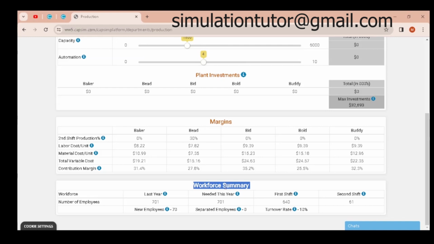Maybe the wage per hour for each worker, the training budget, the new employees that we have employed in a particular year. So that's all that we are discussing under the workforce summary, and it will come under the human resource from round 3. Then we have the first shift and the second shift. So these shall be taken seriously under the human resource part of CAPSTONE.